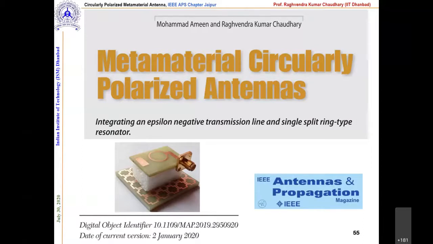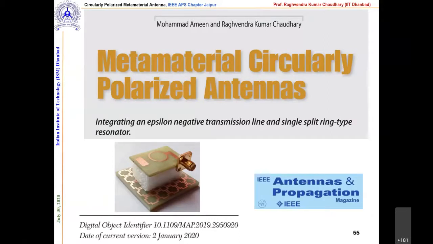One thing is clear, that from the ENG structures the fields are vertical over the surface. If we can manage the horizontal electric field in a plane, then the orthogonal field could be managed. The other part is how we can manage this 90-degree phase. For managing this 90-degree phase, you need to do a little bit of optimization.